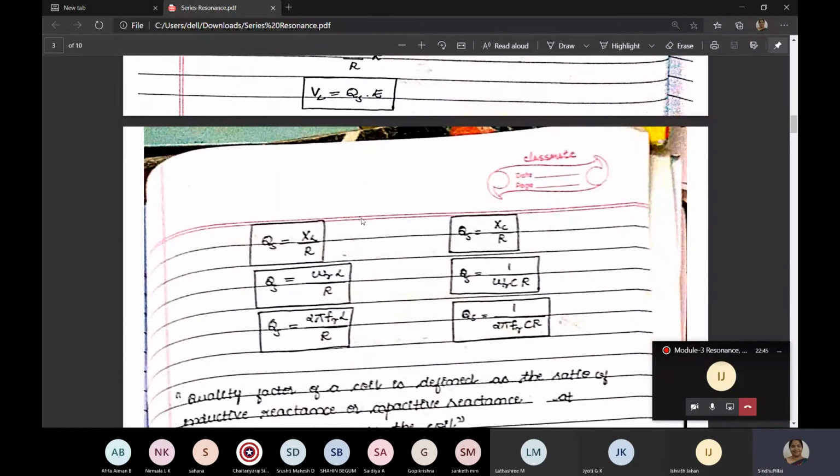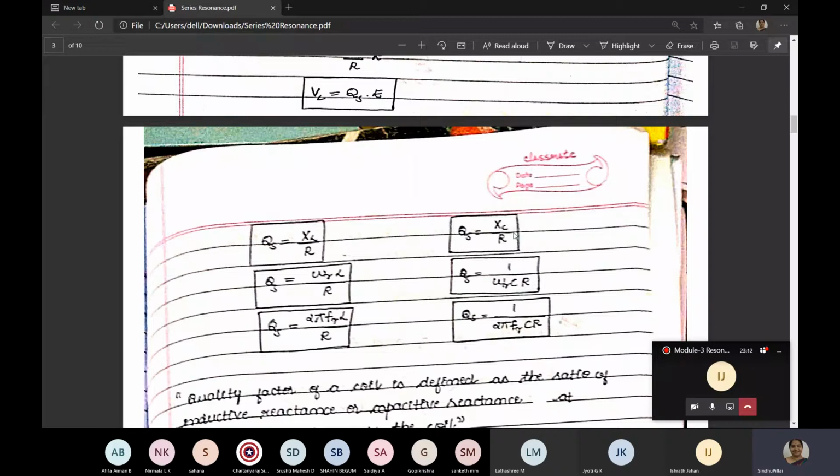We have written here, QS is XL by R. XL can be written as omega R into L by R. Omega is 2 pi FR, into L by R. So these are the different equations of quality factor which can be used to solve problems. Wherever they tell you to find the quality factor, you have to see what parameters they have given, and accordingly take the formula.